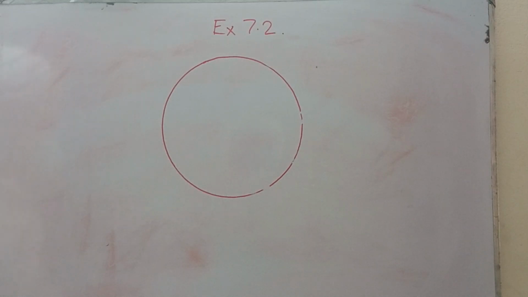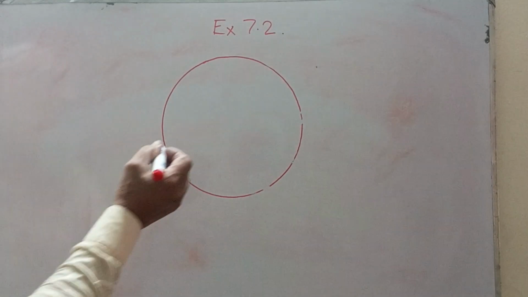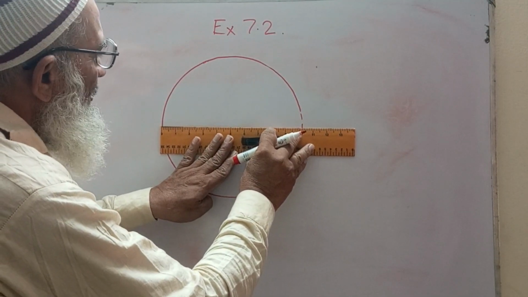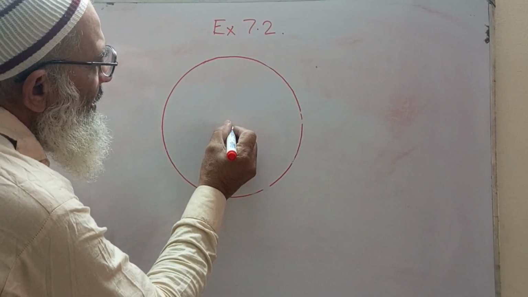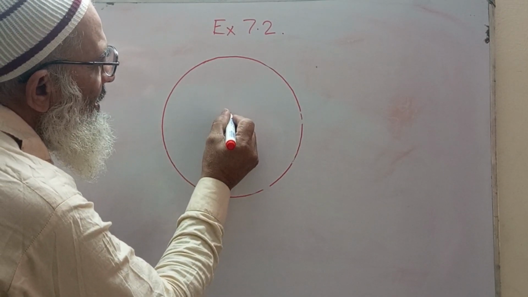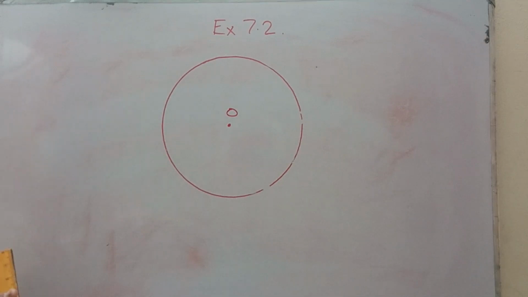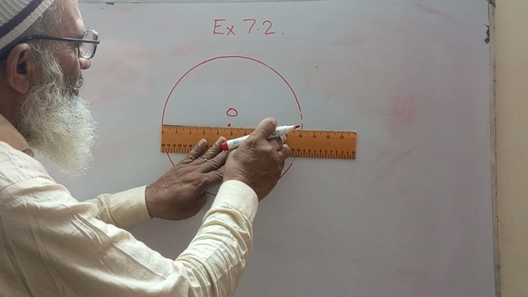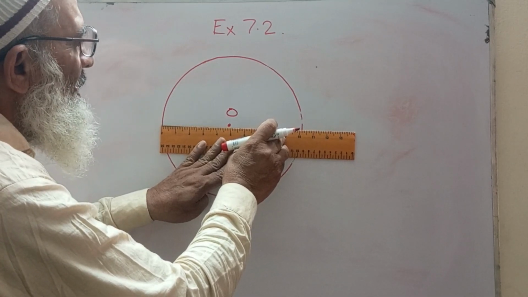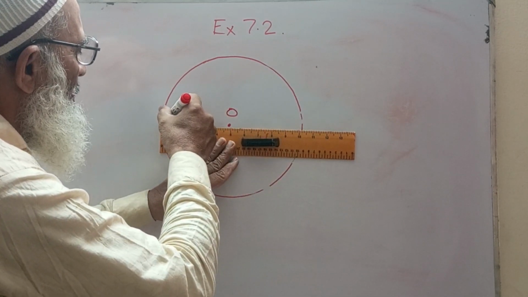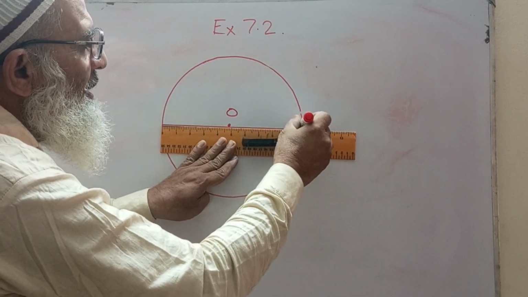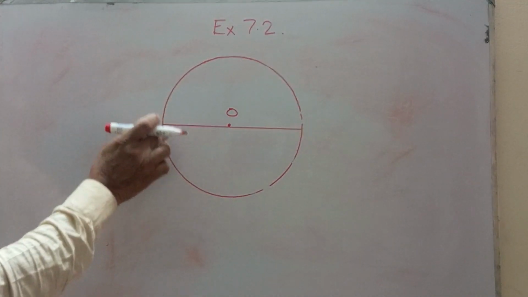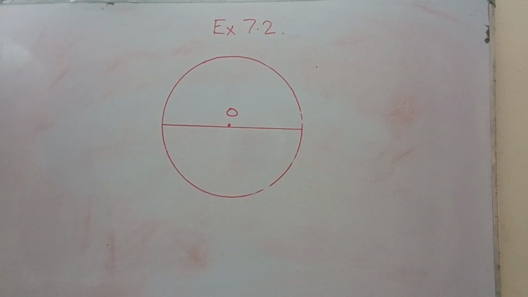The mathematicians have told us that there is a radius. Now here is the center of the circle, which is mostly called O. You can call it whatever you like; you can also call it C, or U. Now this is a line which cuts the circle into two equal parts.